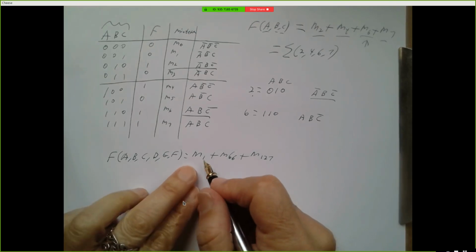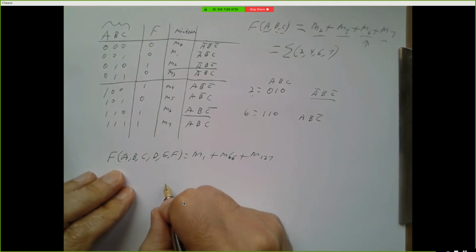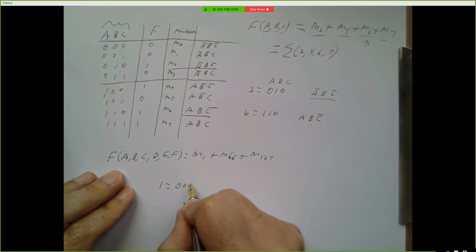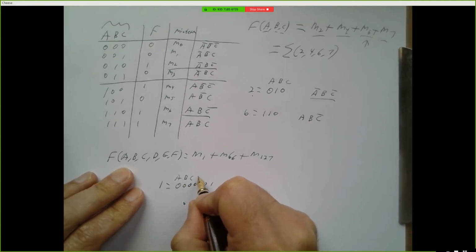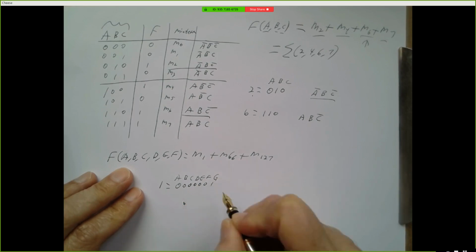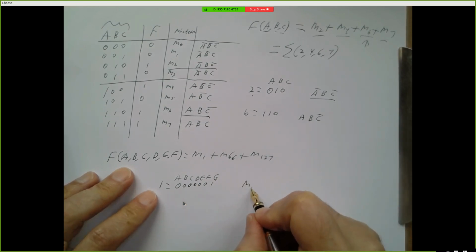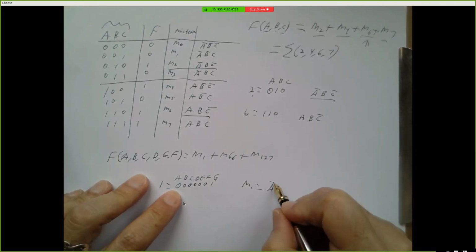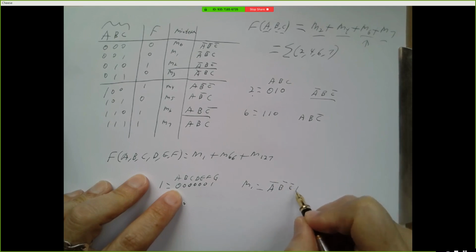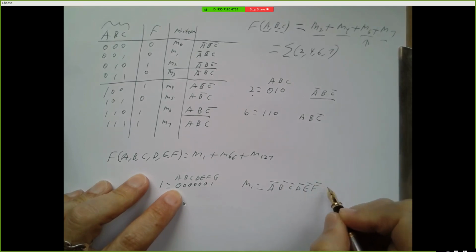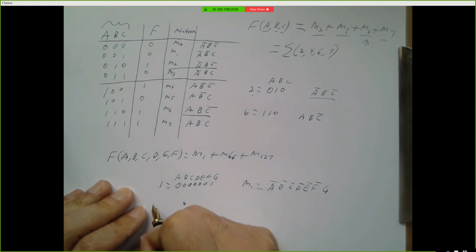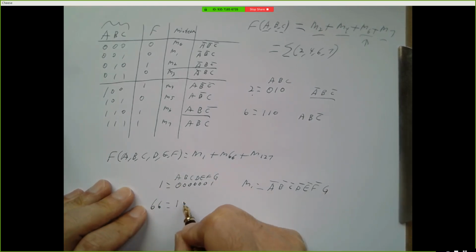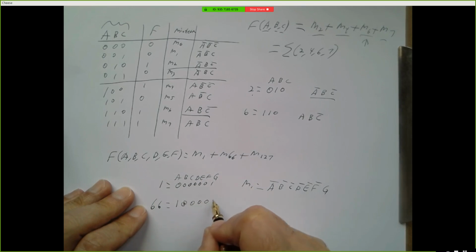We can write the number 1 as a 7-bit number, right? And just remember that our input order is A, B, C, D, E, F, G. And so minterm 1 is A bar, B bar, and so on, and G. And 66 is 64, 32, 16, 8, 4, 2, 1.